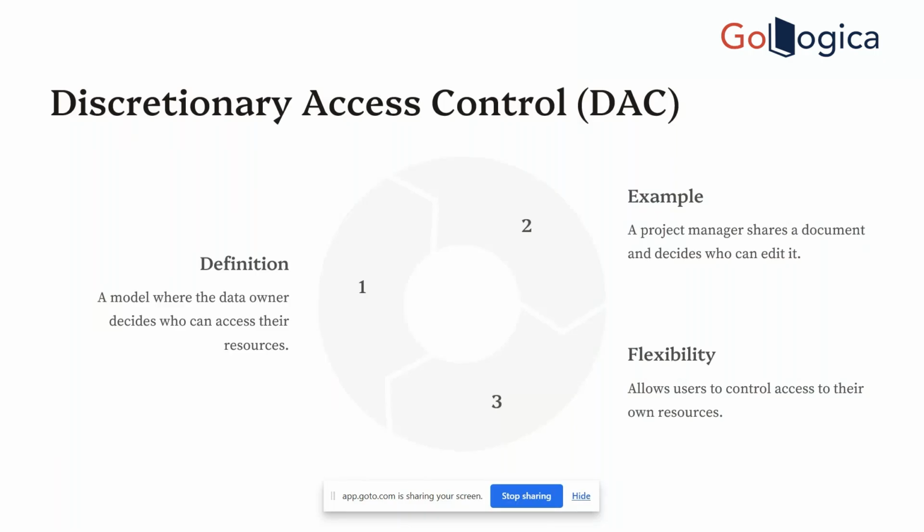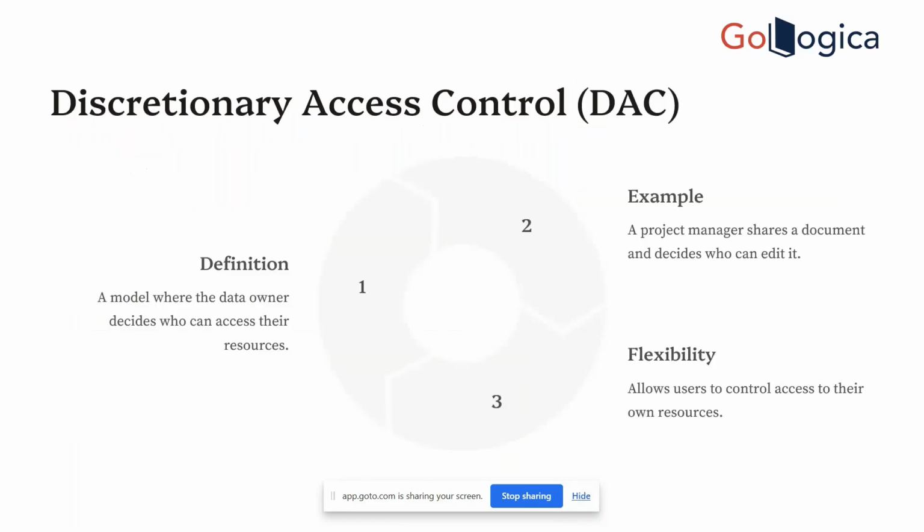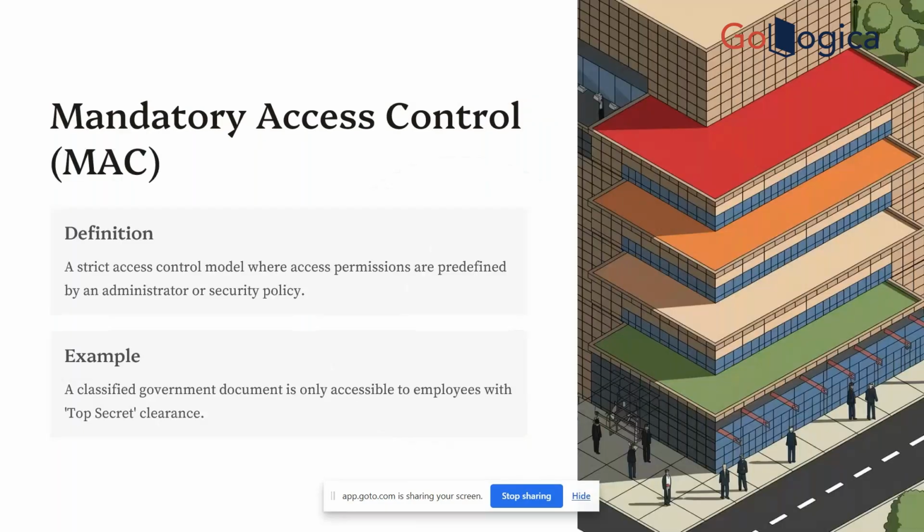Then we have MAC. DAC is where a data owner decides who can access their resources. Now MAC is mandatory access control, a strict access control model where access permissions are predefined by the administrator or security policy.